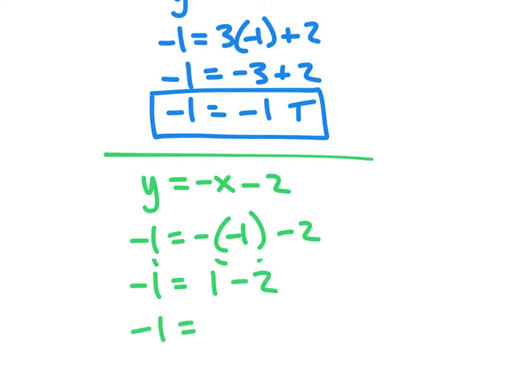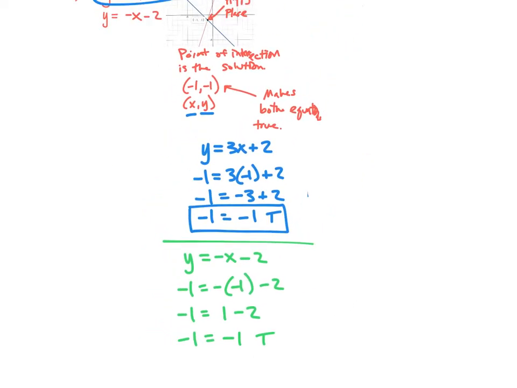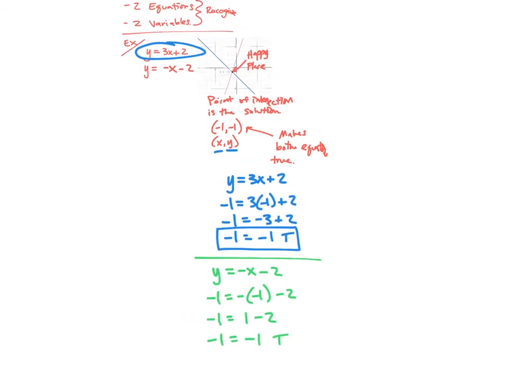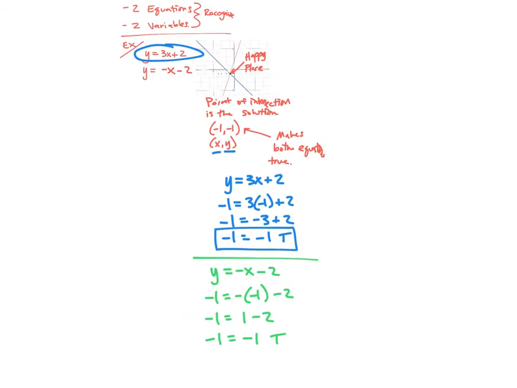So you get -1 is equal to -1, which is true. True, yes. T means true. Good question. Okay? Now, all I've done here is find this graphically. Okay? That's what you're doing. We don't have Desmos on the SAT, so we have to know what a system of equations does and how this works. Okay?